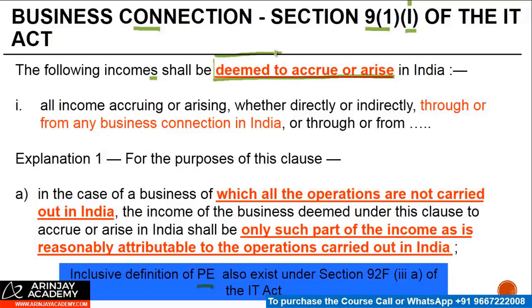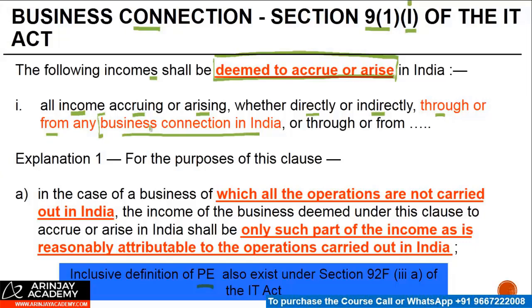The use of the words "deemed to accrue or arise in India" indicates that even if the normal accrual or arising is not in India, by virtue of the common law relating to accrual or arising, by virtue of the application of this clause, it shall be deemed to accrue or arise in India. All income accruing or arising, whether directly or indirectly, through or from any business connection in India.